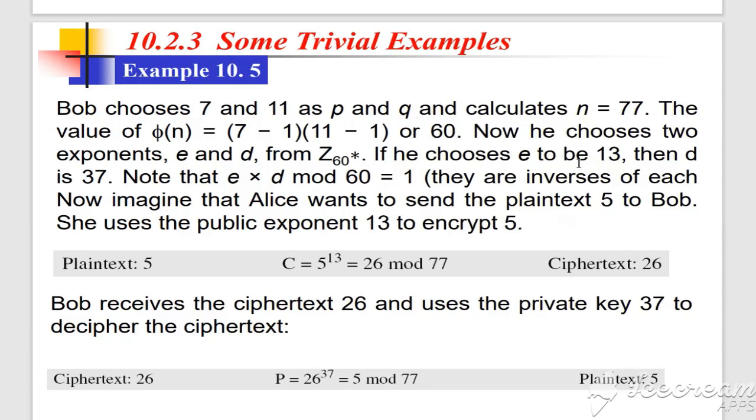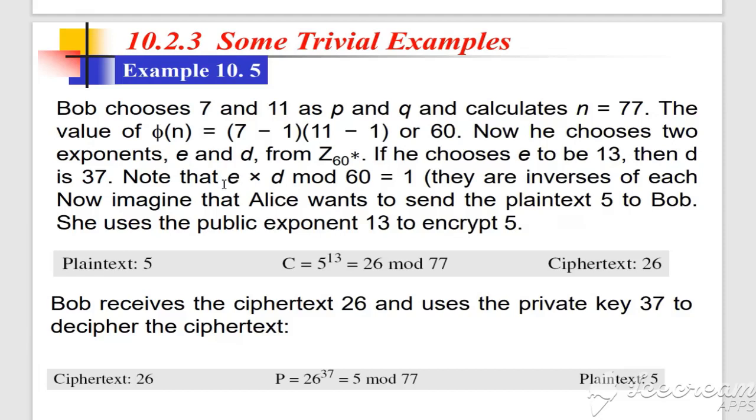After that we have to choose the D value. For that you might have remembered the formula: ed congruent to 1 mod phi n, so it should satisfy that equation. So you can take D as 37.